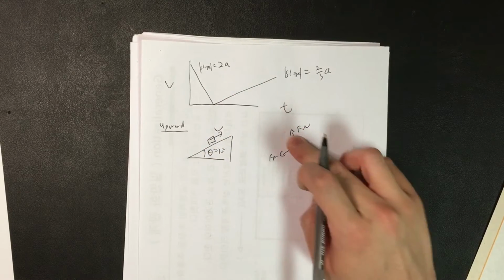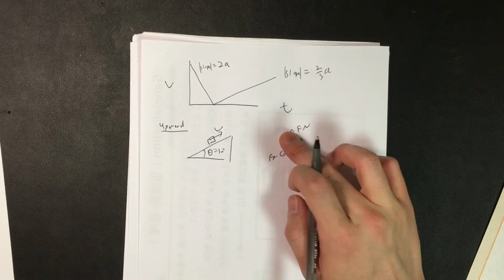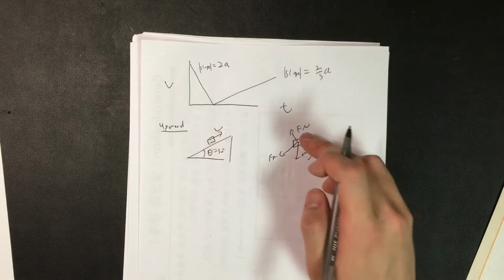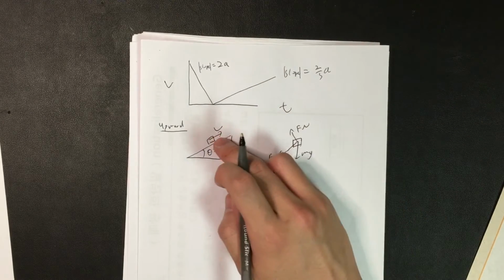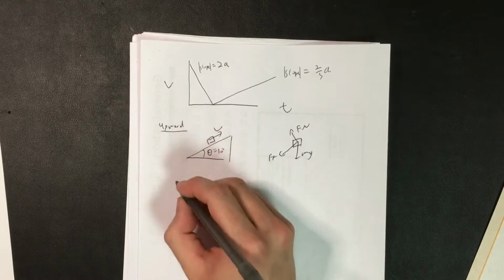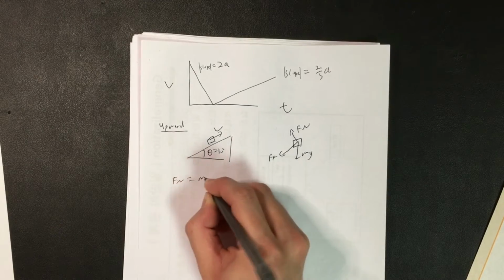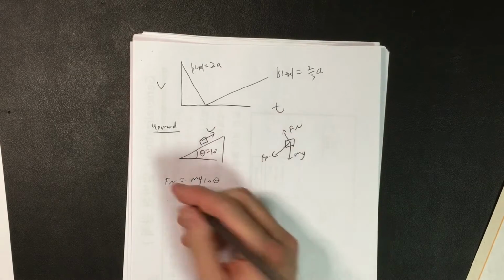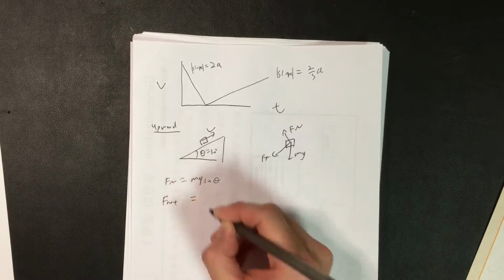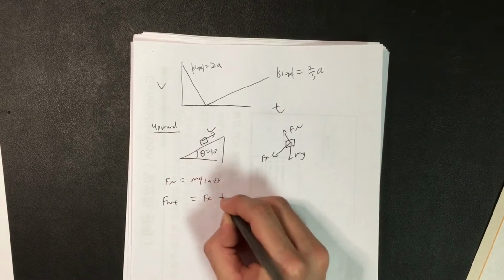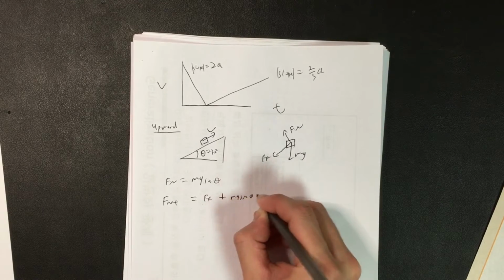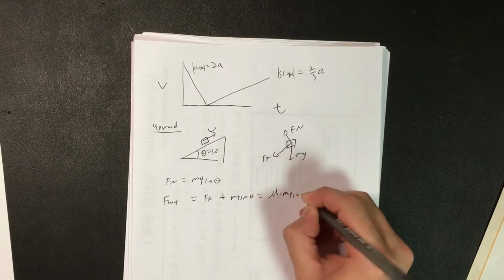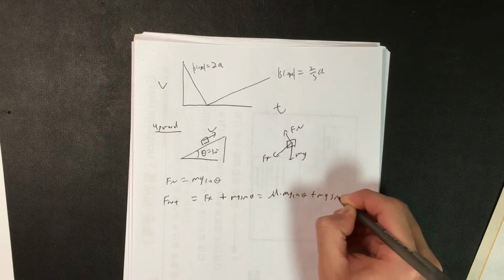Since this mass isn't jumping up and down the incline, the net force along the vertical component of this incline must be 0, in which the normal force must equal mg cosine theta. And using Newton's law along the parallel direction, the net force equals the force of friction plus mg sine theta, which equals mu times Fn, which is mu mg cosine theta, plus mg sine theta.